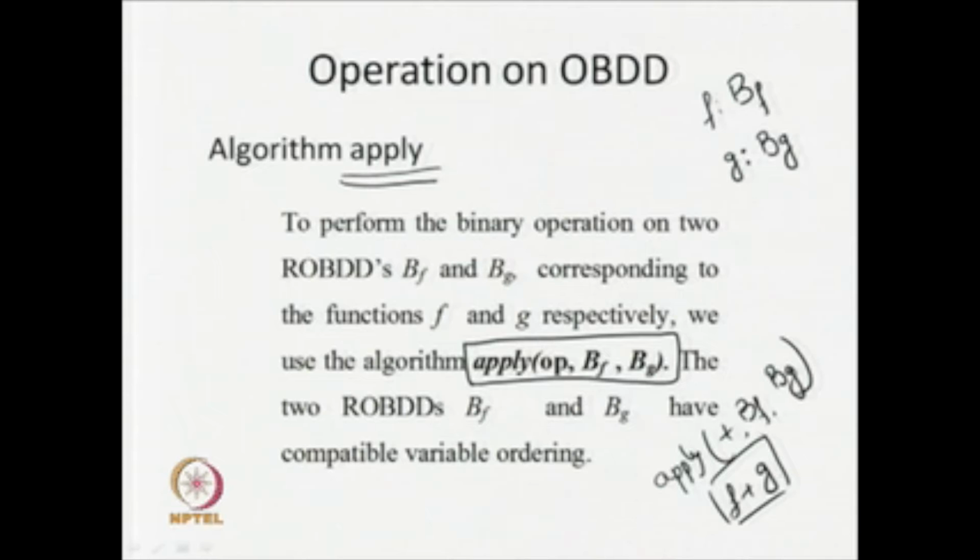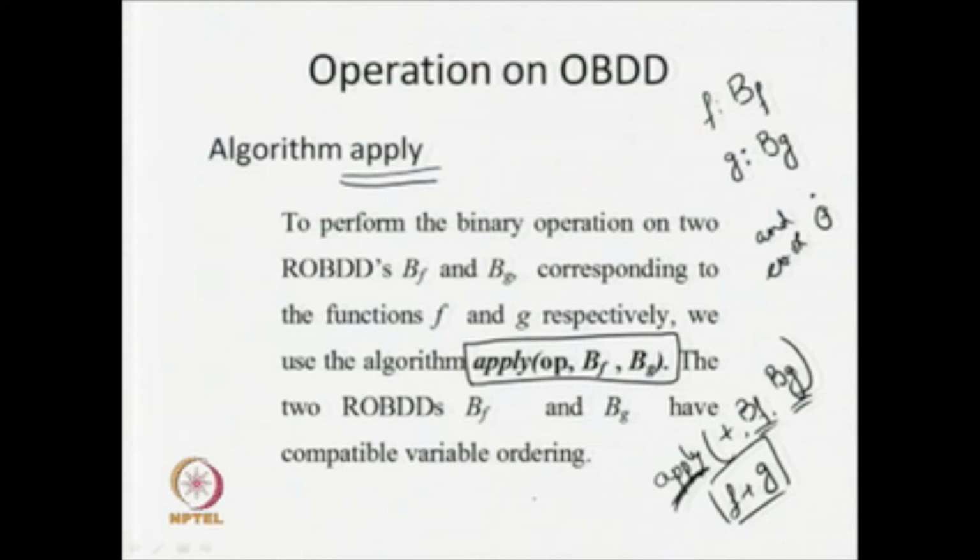So, we have the BDD representation of f and the BDD representation of g, and we will use this apply algorithm to perform this addition or OR operation. Similarly, you can use the XOR operation. We can use any operator, and this apply algorithm is going to give us the BDD which represents the function f plus g or f dot g.